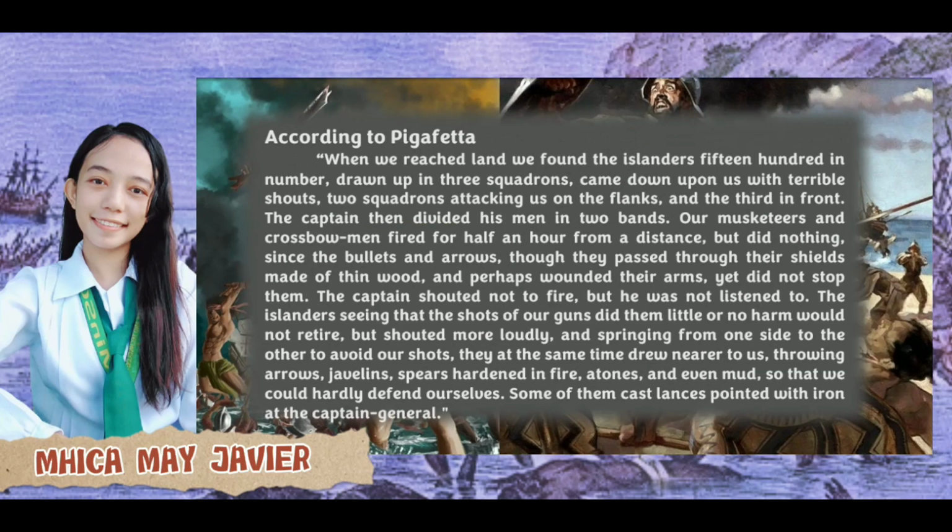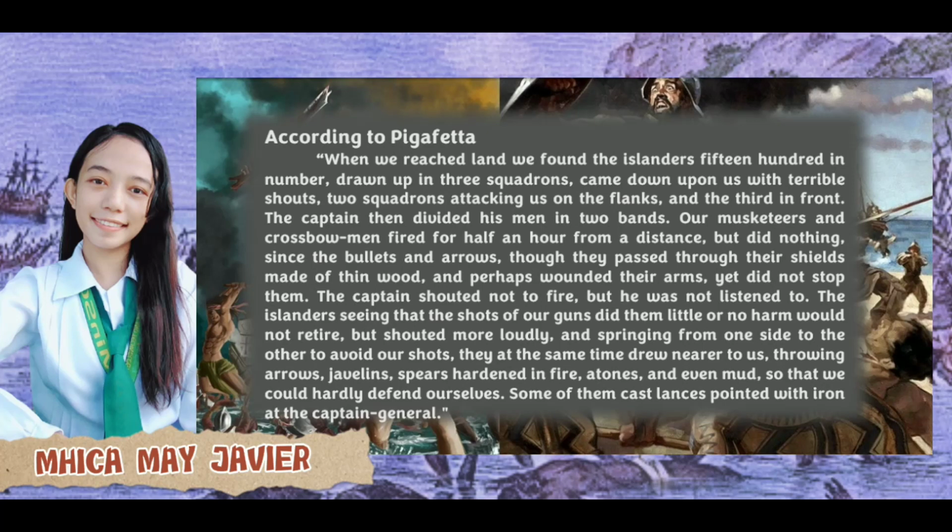According to Pigafetta, when we reached land, we found the islanders, 1,500 in number, drawn up in three squadrons. They came down upon us with terrible shouts, two squadrons attacking us on the flanks, and the third in front. The captain then divided his men in two bands.